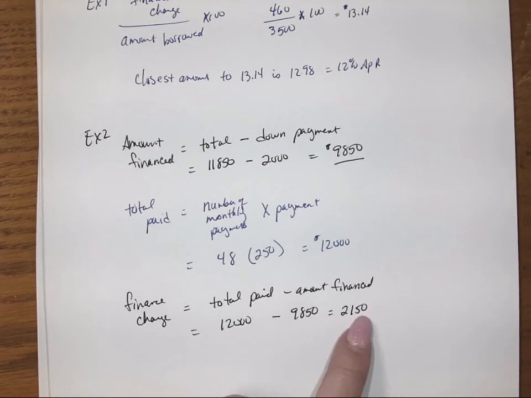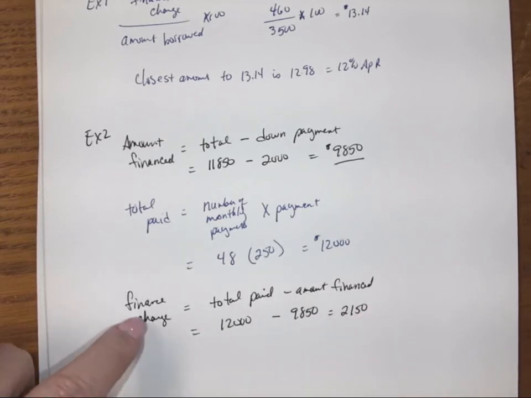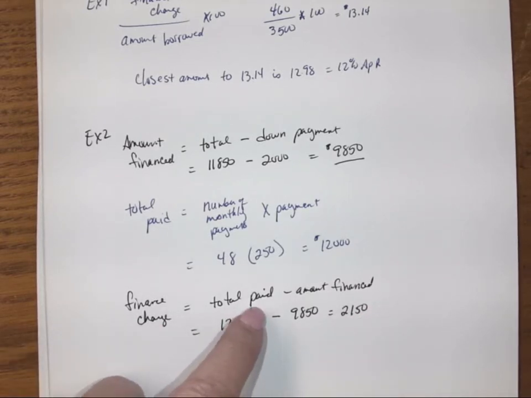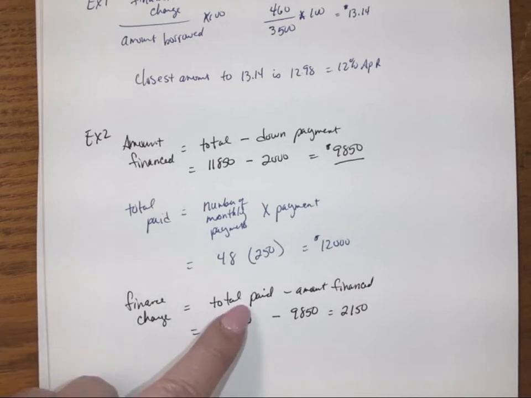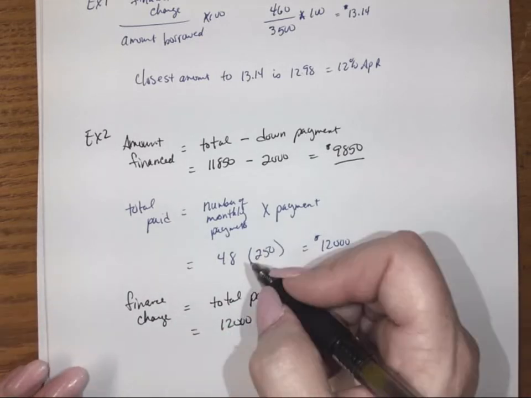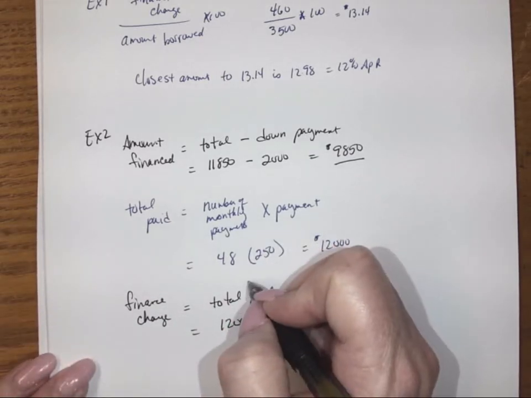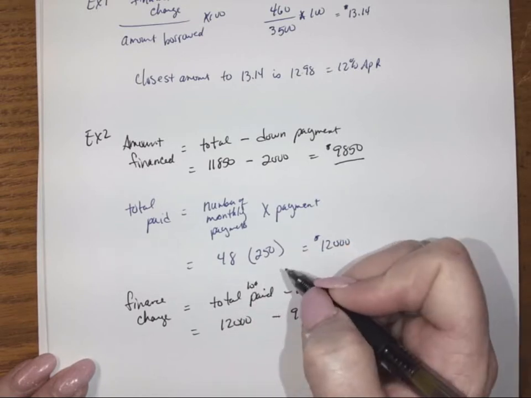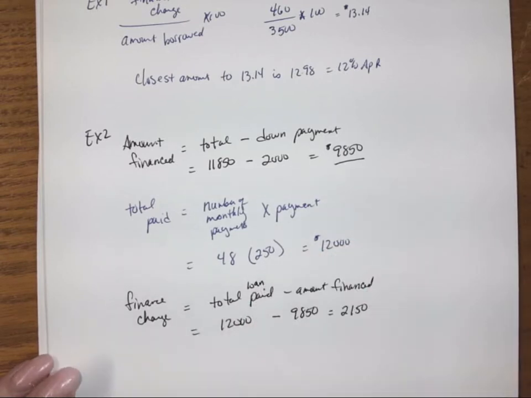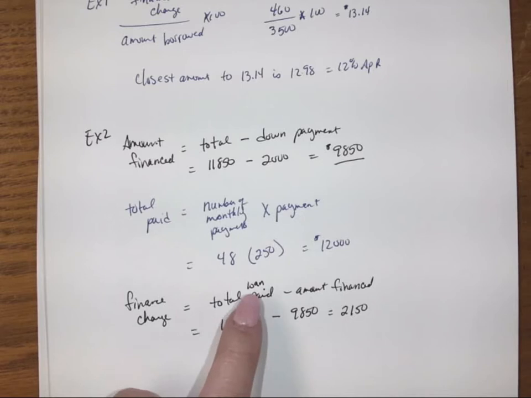So they paid $2,150 in interest. That's the finance charge. This is the total they paid, not for the vehicle, but the total they paid for the loan. We'll look at it that way, because that's what they paid on the loan. They actually paid another $2,000, but we're just looking at the finance part of it.